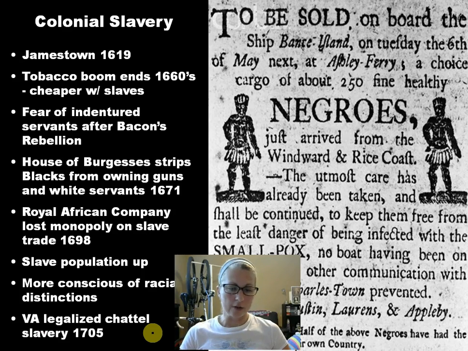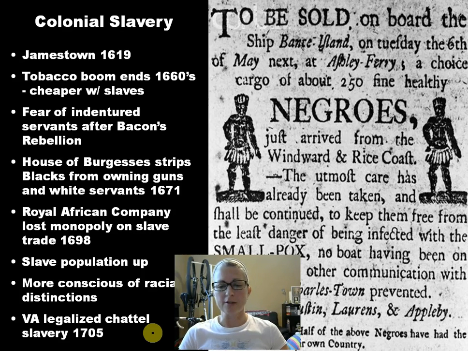And with indentured servants, because they were seen as white and they were servants eventually going to get their freedom, the masters of the indentured servants tended to treat them a little bit better. They fed them better, gave them better clothing and provisions and housing and things like that. But with legalized chattel slavery, with African slaves, they're not going to provide all that stuff.